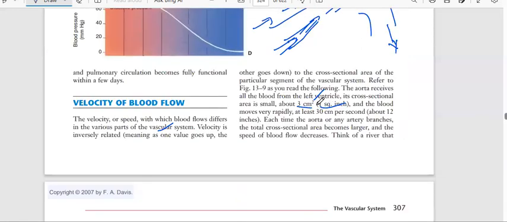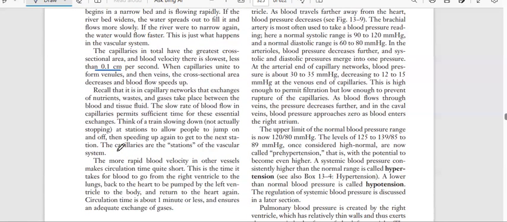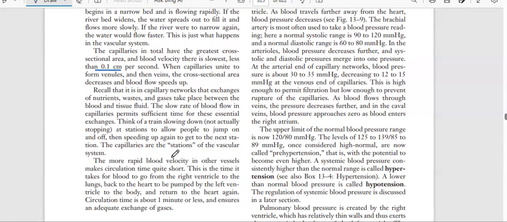Here in the aorta, it is 30 centimeters per second. So here the area is reduced. When capillaries unite to form venules and then veins, the cross-sectional area decreases and blood flow speeds up. Again here, the cross-sectional area decreases, so again the blood flow increases.